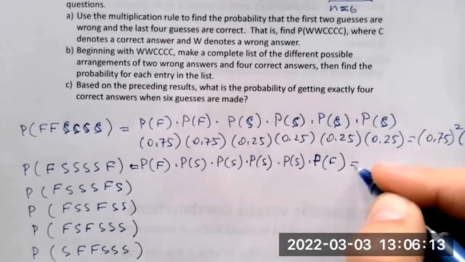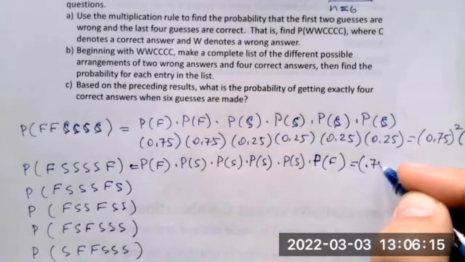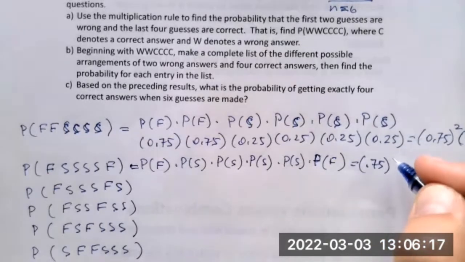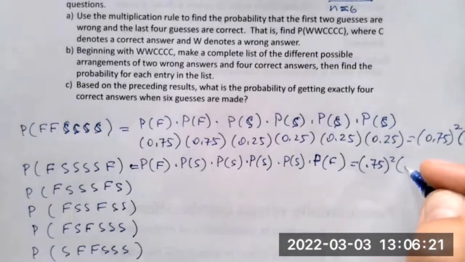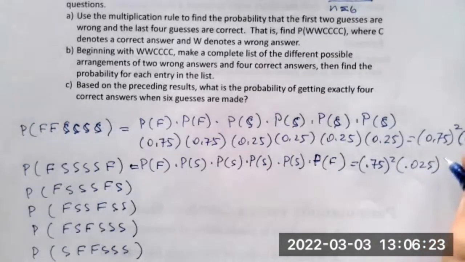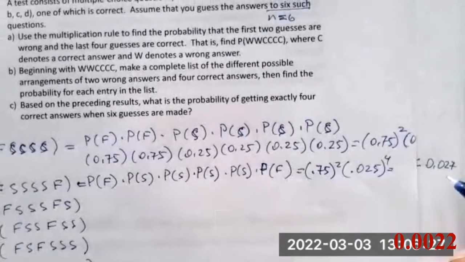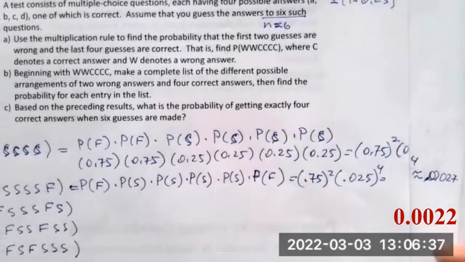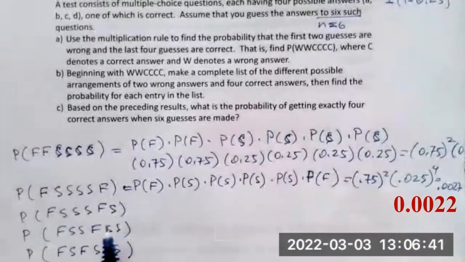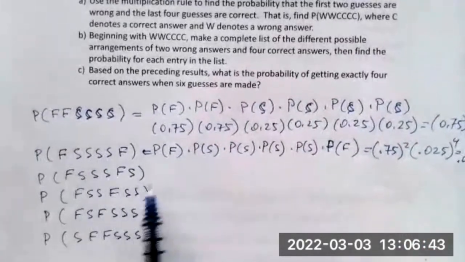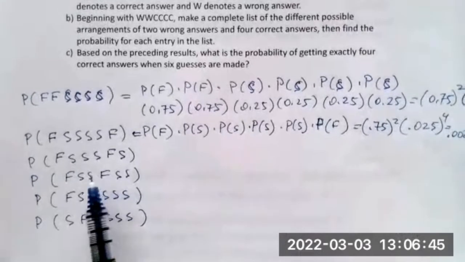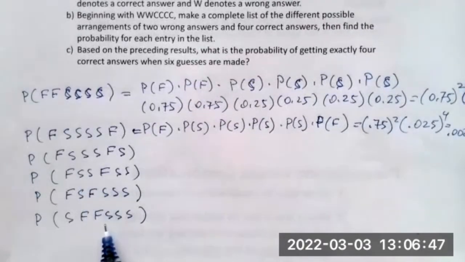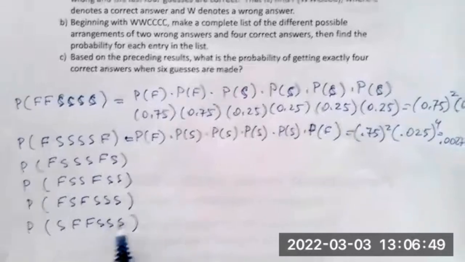So we're still going to end up with 0.75 to power 2 multiplied by 0.25 to power 4, right? Now, so continue this reasoning. We're going to reason that all of these are going to have the same probability, right?